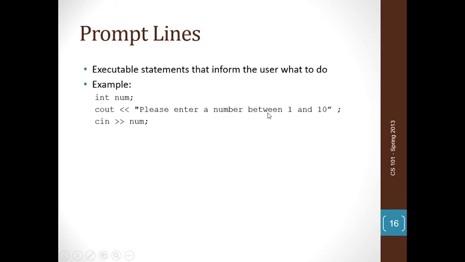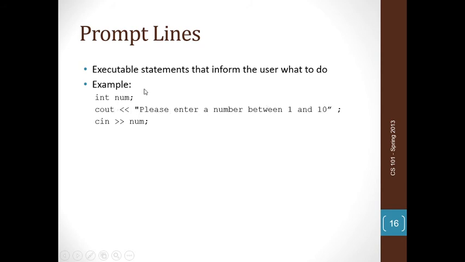Please enter a number between 1 and 10. So we are prompting the user, telling the user that he has to enter a value between 1 and 10, so that when we run the program, it will show this string on the console, because it is written in double quotes.